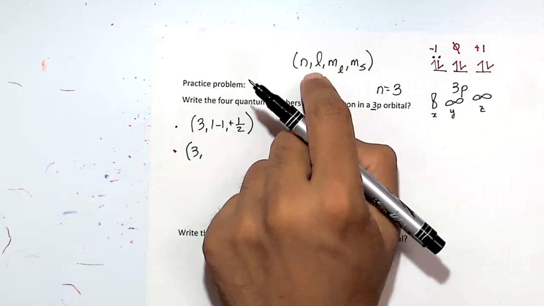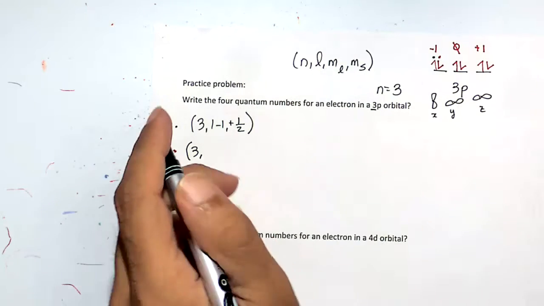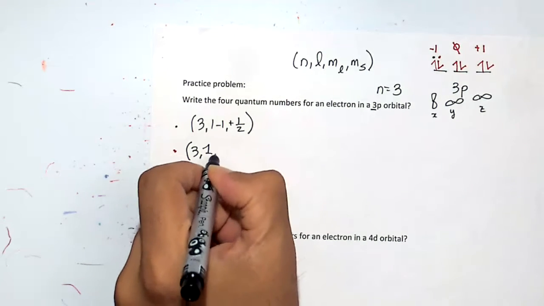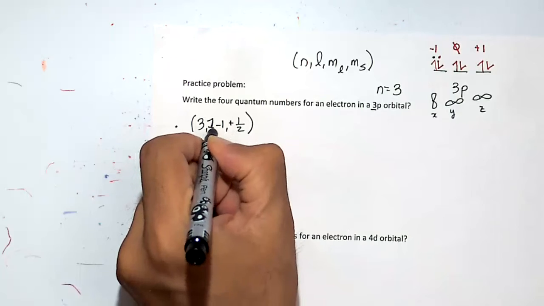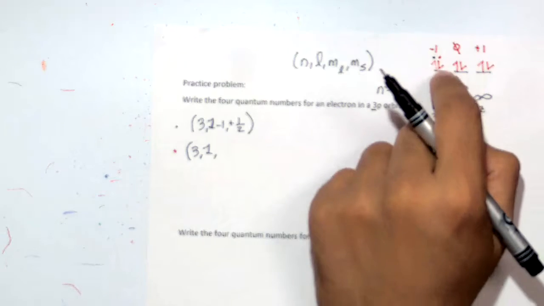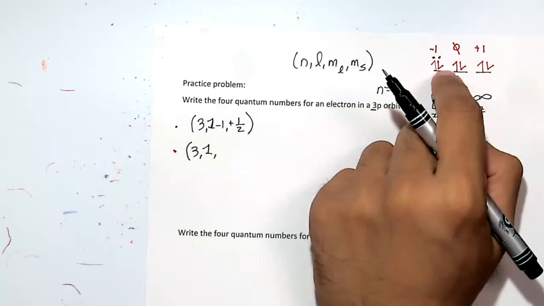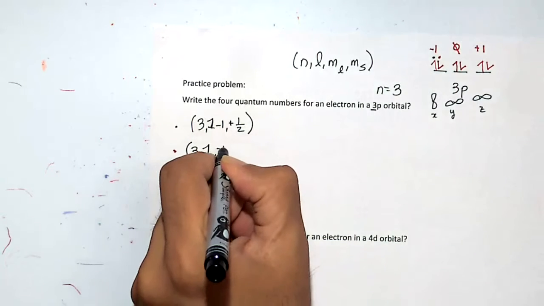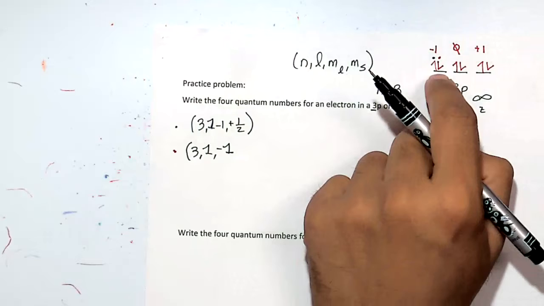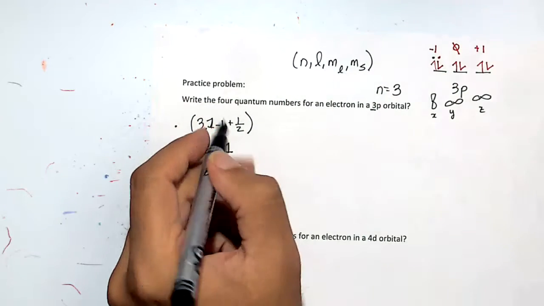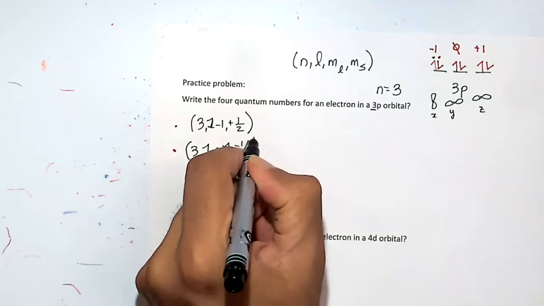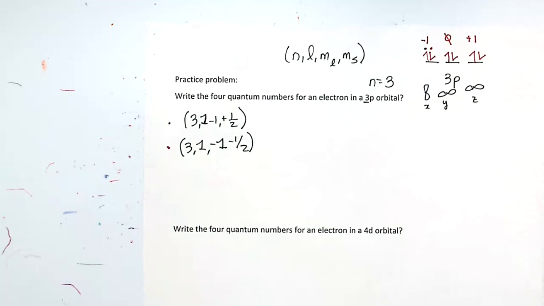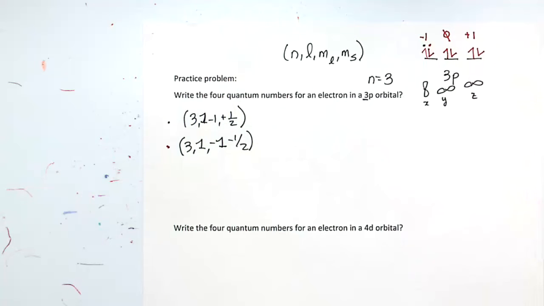What is L for a p orbital? 1. Where is it residing? m sub L is -1. Is it spin up or spin down? Spin down. So that's the address for this second electron.